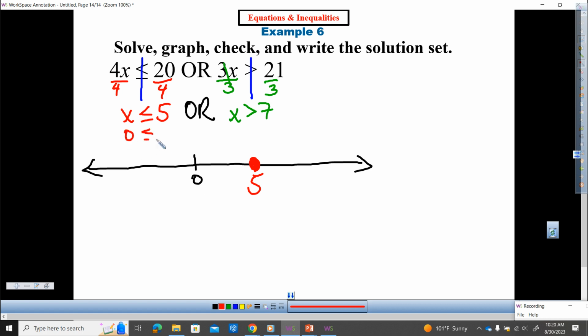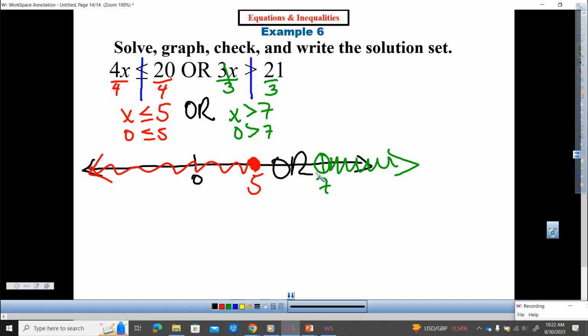Is 0 less than or equal to 5? Yes, so I'm going to shade towards 0. Let's go with the other one. Dividing point is 7. Open or closed point? Open. And I'm going to test 0 again. So is 0 greater than 7? No, so I don't go that way. I go the opposite direction. And we're going to label this one or.